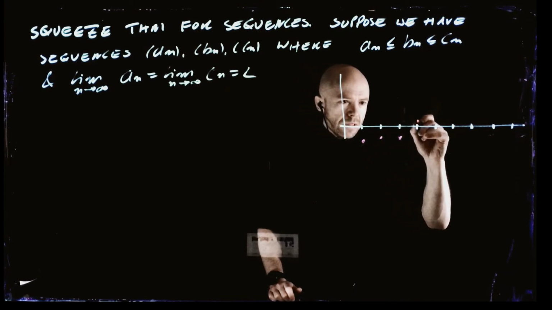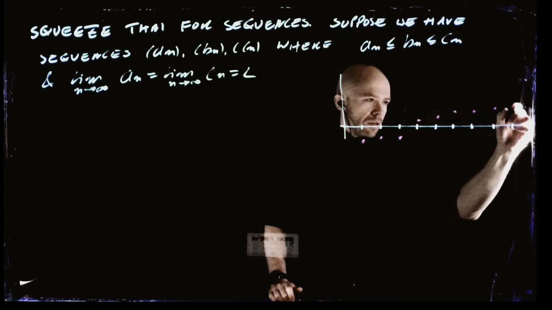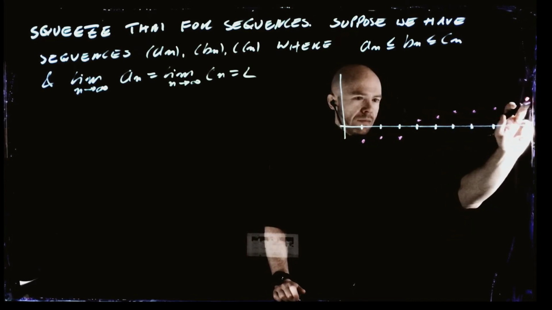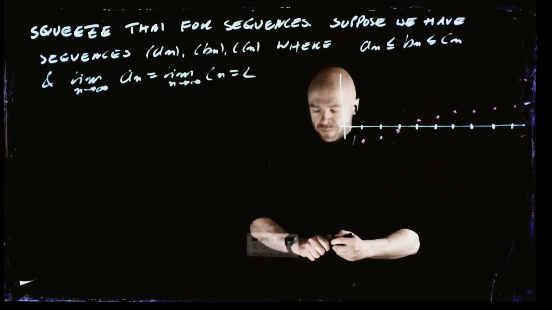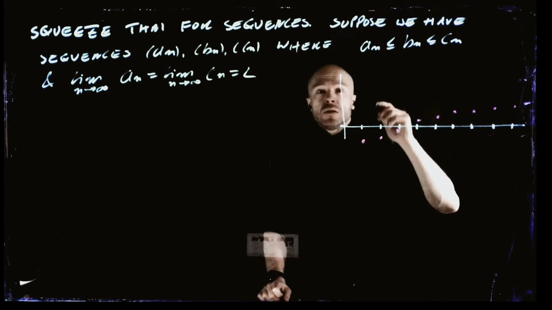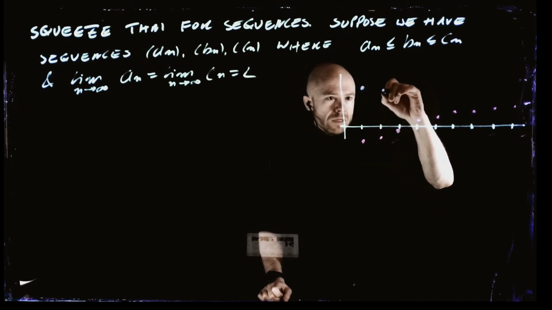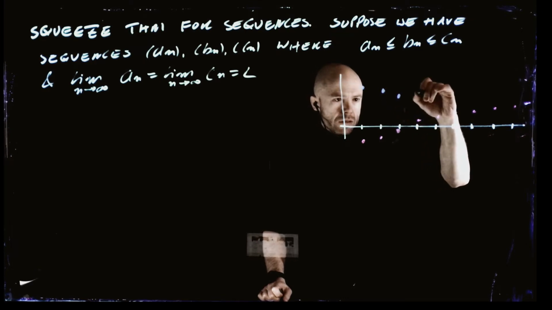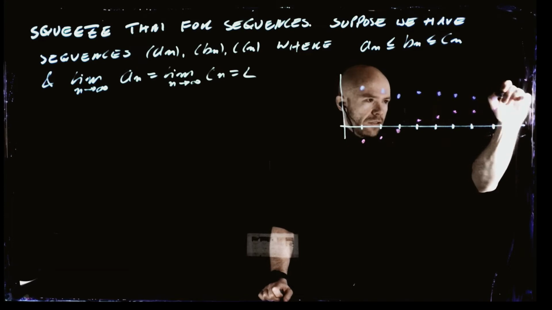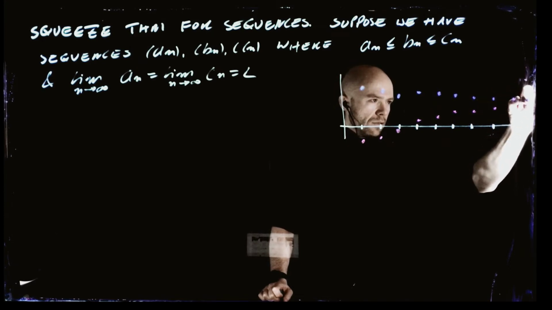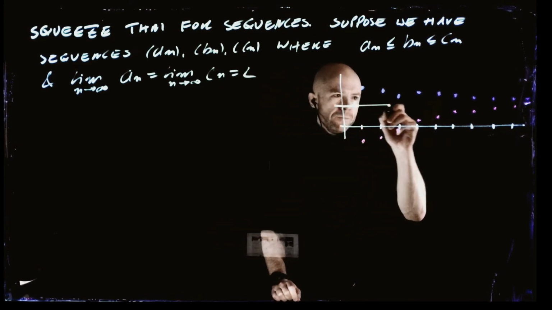These guys could be doing something like this, tending closer and closer to some limit L. The CN are above, right? They're like this, themselves tending closer and closer to some limit L. And this is L right here.